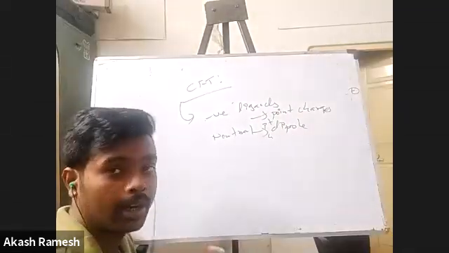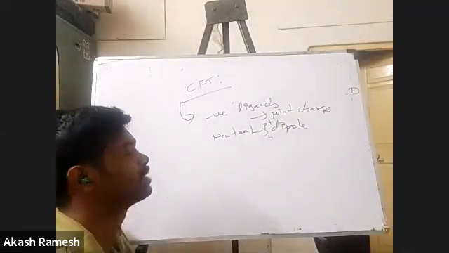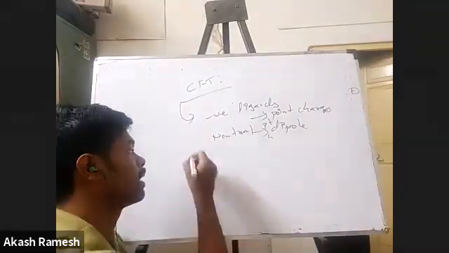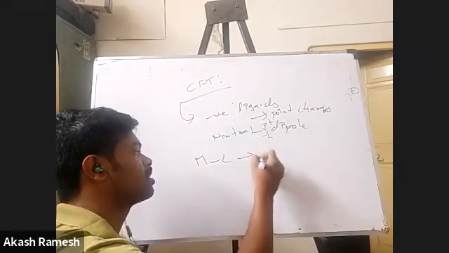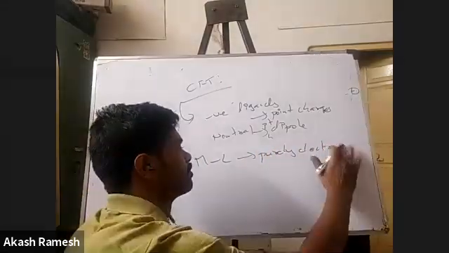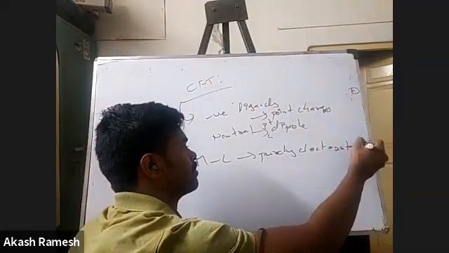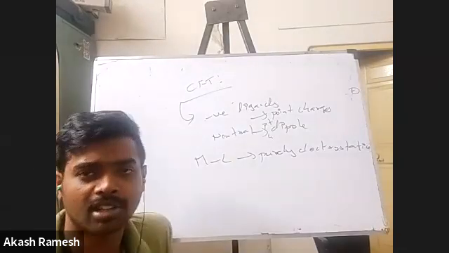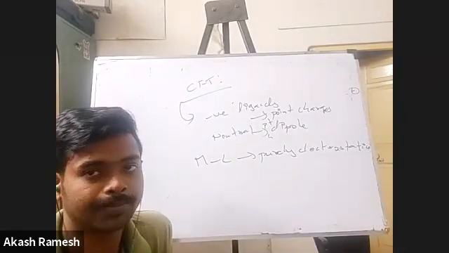And what you have to understand is that CFT takes the metal-ligand interaction to be purely electrostatic, basically speaking only in the form of attractions and repulsions.